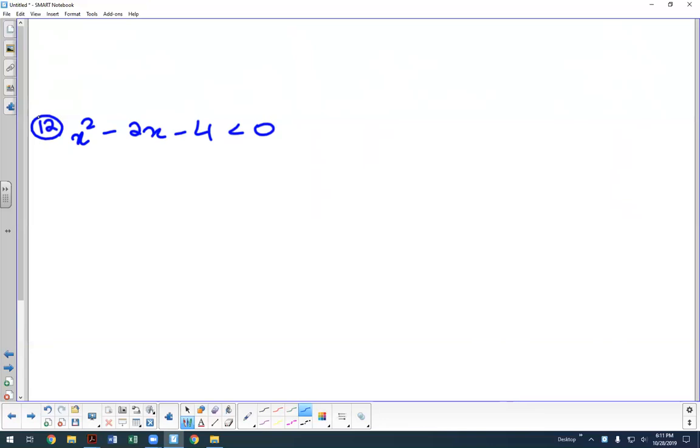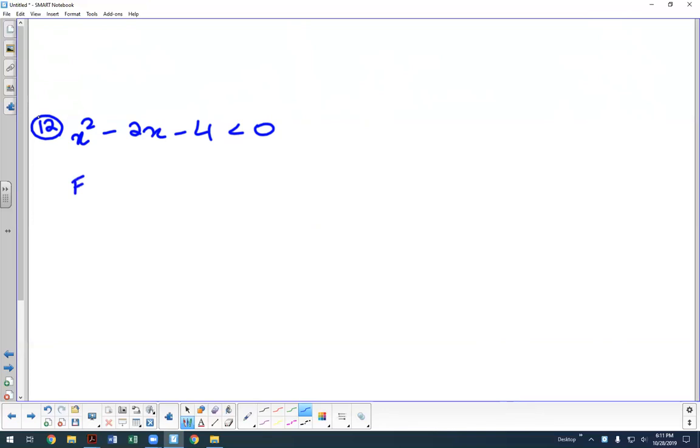Now, can I factor x squared minus 2x minus 4 to find our roots? No, because 4 only has 2 sets of factors, 2 times 2 and 4 times 1, and none of them are going to add up to give us -2 in this case, which means to find the roots, I think quadratic formula is going to be our easiest process here.